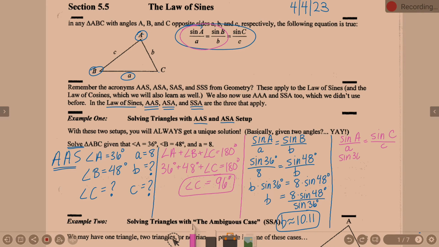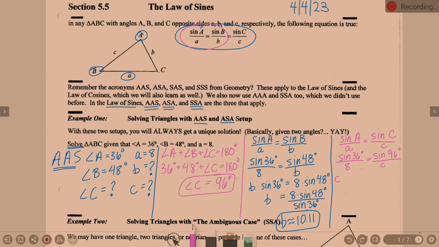So sine of 36 degrees divided by 8 is equal to sine of C. What is big C? 96 degrees, divided by side C. And how do we solve this? Again, we are doing cross products.